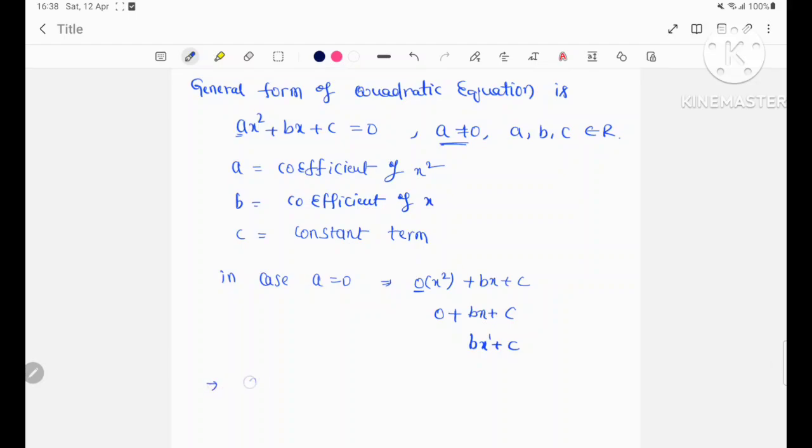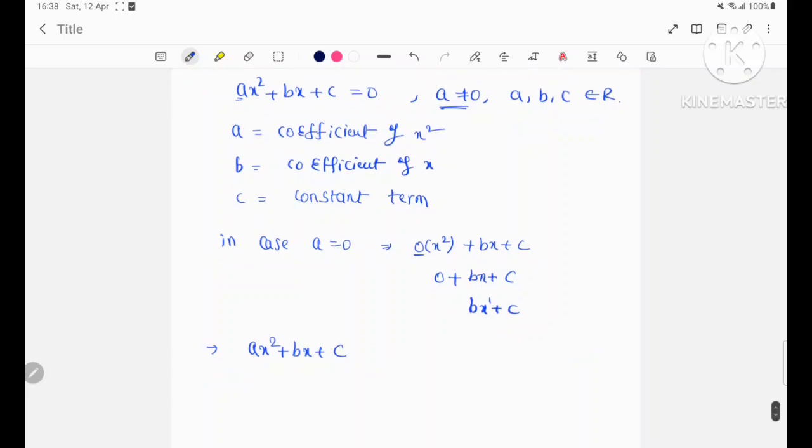And also in the standard polynomial, if no term is missing, that means the highest degree is 2, then 1, then the constant, it is called a complete quadratic equation.